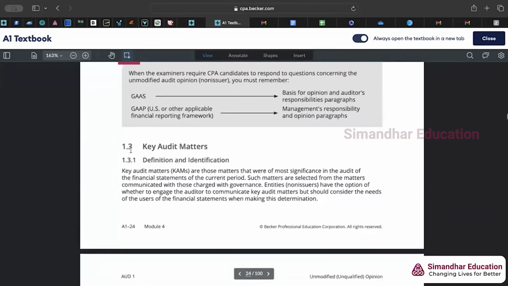Okay. Now we are going to key audit matters. Any questions so far?